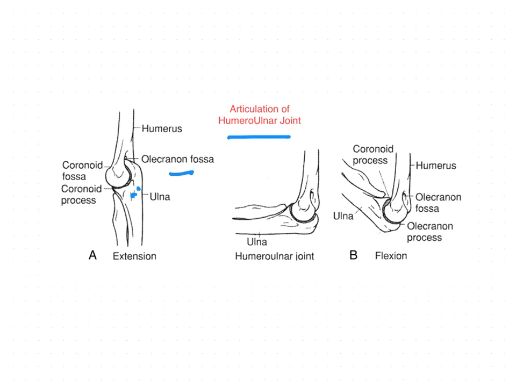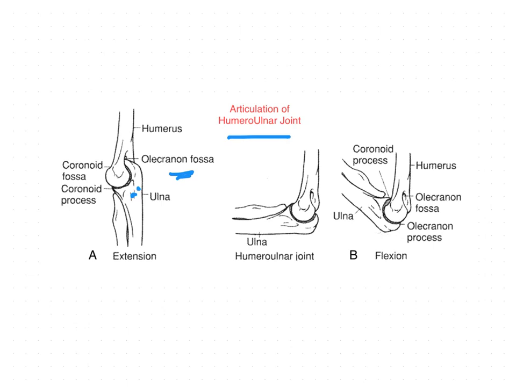During extension, the ulna will slide on the trochlear groove of the humerus, and the olecranon process will fit into the olecranon fossa during extension.